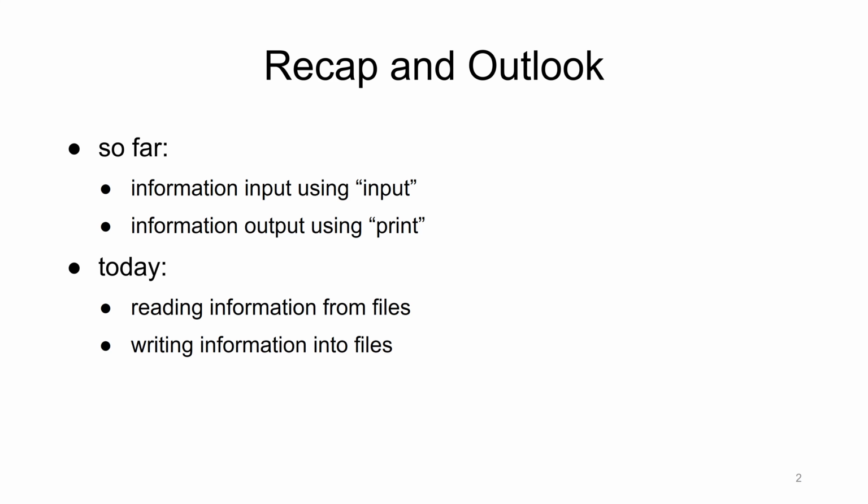Obviously, there are different file formats. If you're working with Microsoft Office, there's, for example, doc and docx for text documents, and there's XLS and XLSX for table sheets. Then there's image formats such as JPEG and GIF.